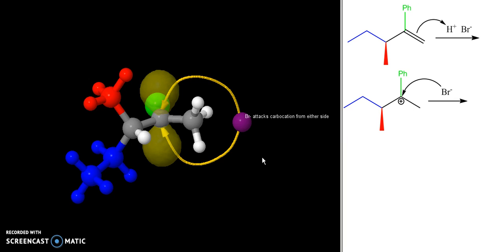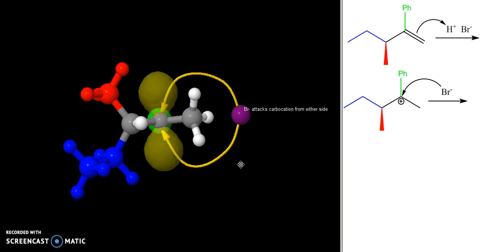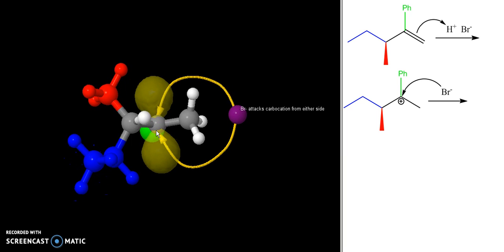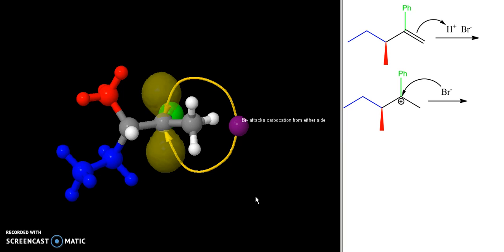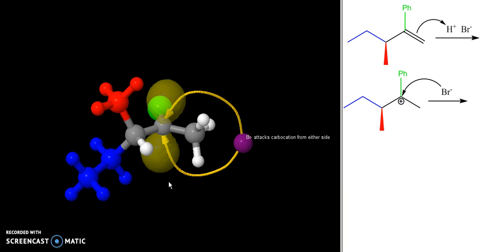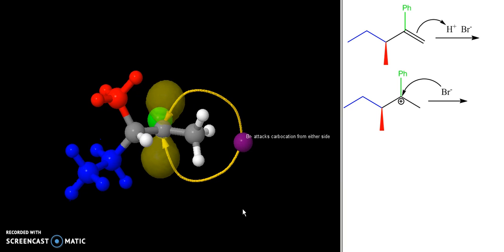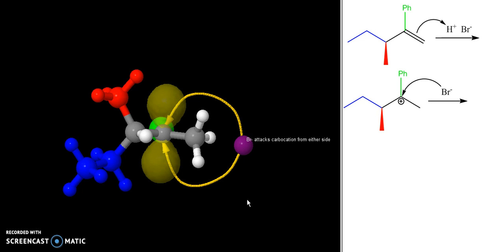And what I want you to notice is that just as with the hydrogen, which could attack either side, the Br minus can come into this molecule from either side. It can come in from above the plane, the way I have it drawn, or it can come in from below the plane. And depending on which side it comes in on, we get different products. The same connectivity, but different orientation in space.